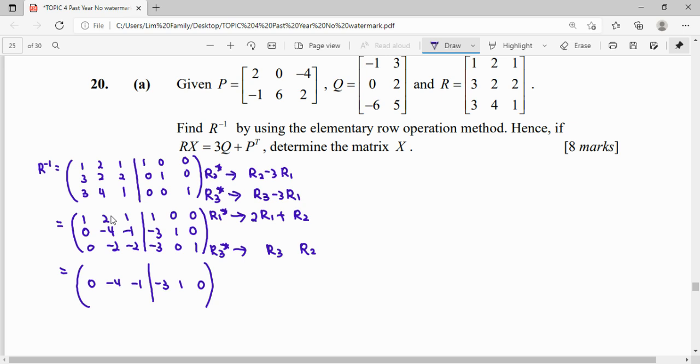Row 1 times 2 becomes 2, 4, 2, 0, 0, plus row 2. Adding together, this is my new row 1, where I already get 0 in the second column.